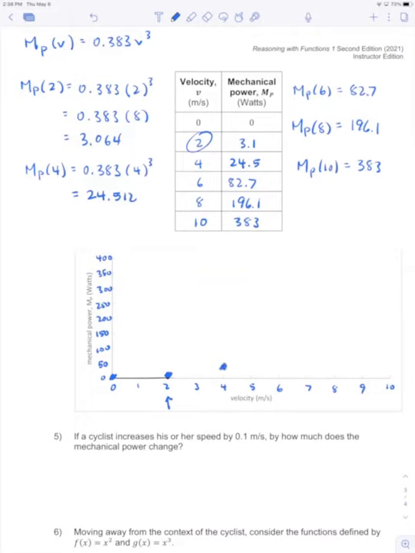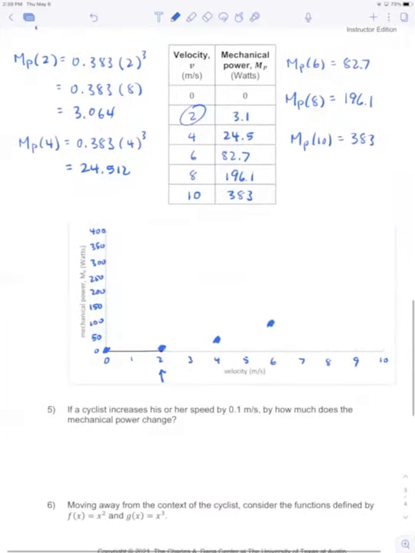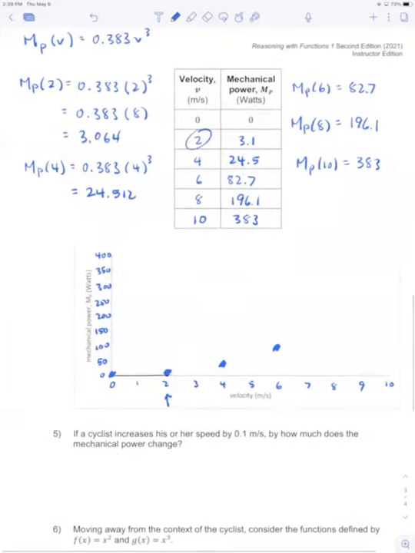Not moving up too much so far. 6, 82.7. Okay, 8, 196. Whoops, I moved the screen up. I didn't mean to. 8, 196. And then 10, 383. Again, we're going to connect these with a smooth curve. There we go.